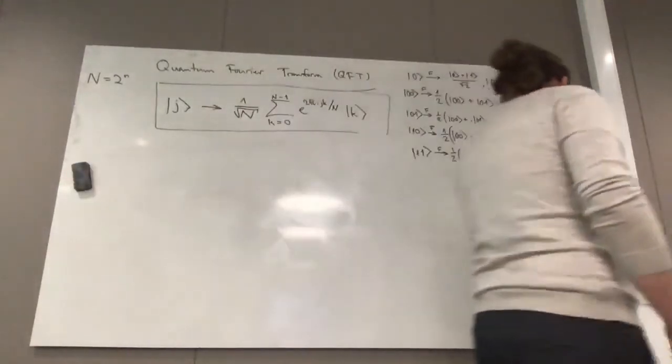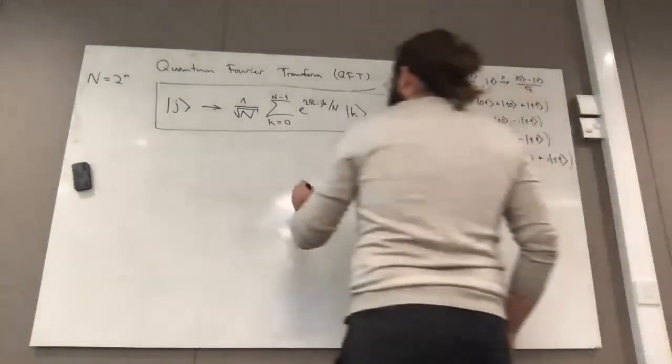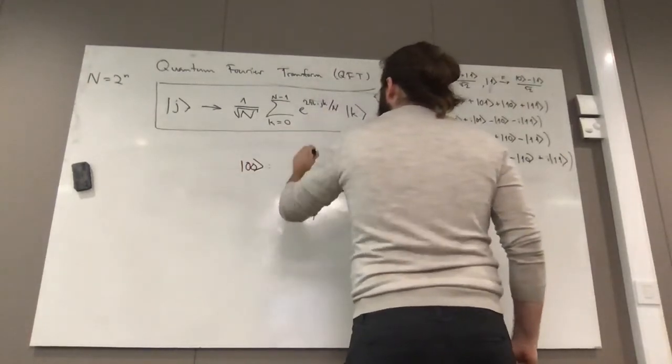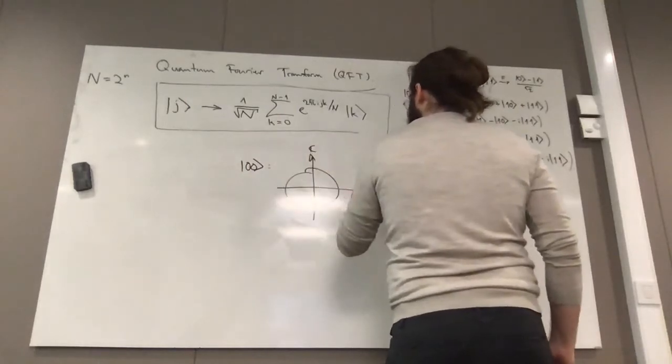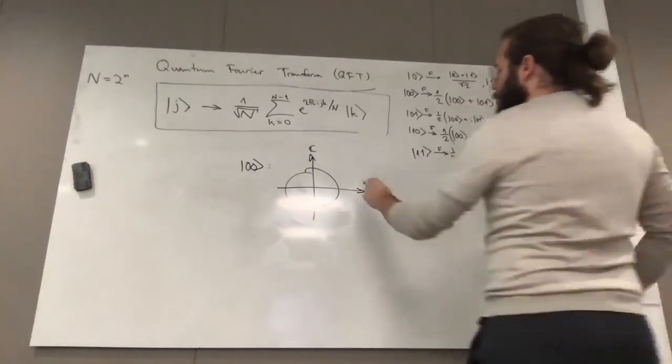So the thing that I want you to notice about these is that once you see how these work, you can get an intuition so that you don't have to do these calculations explicitly. You can just look at the basis state and immediately know what the Fourier transform has to be. Because in the 0,0 case, if we look at this complex plane again, for each of them that you are counting through, you are just staying here.